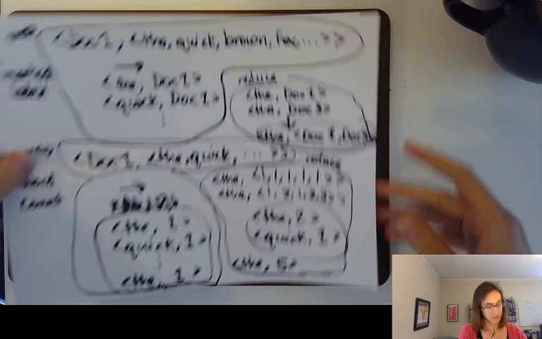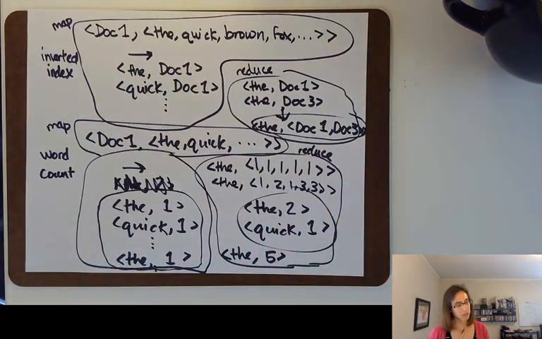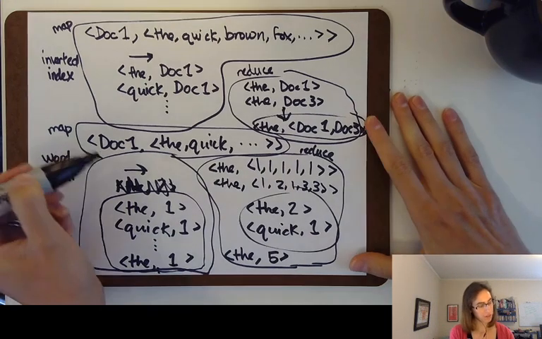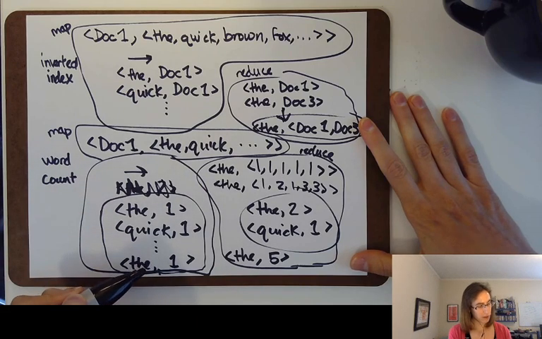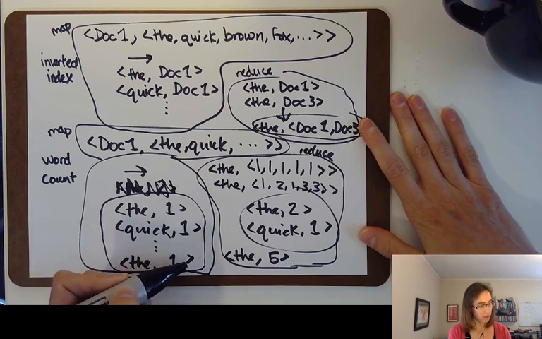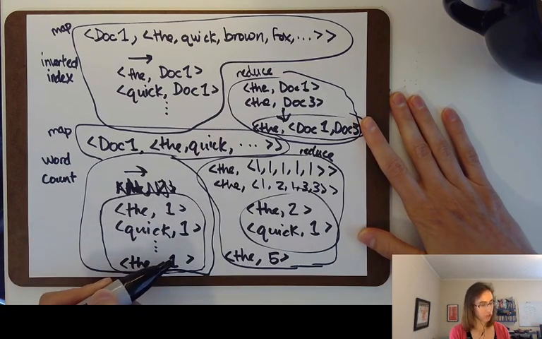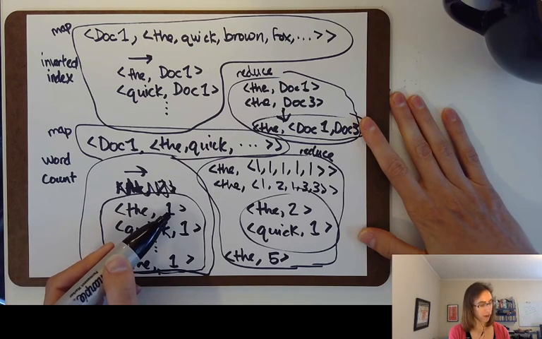Somebody asked me to look at this again. So yeah, for the word count example, our input is these pairs of documents and words, right? The map function is going to produce either just this list of pairs where it's every word that was in the input and the number 1, or if it's doing a clever optimization, it might do some combination of the values.